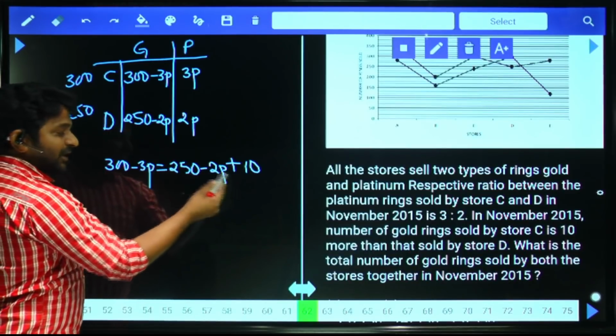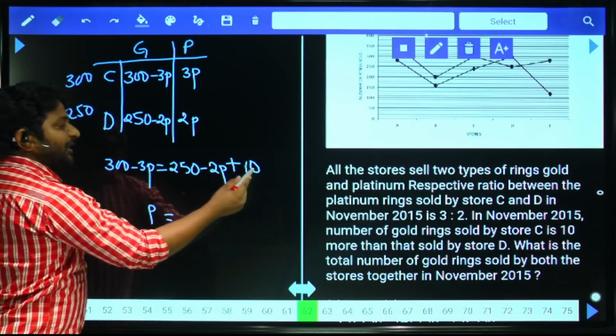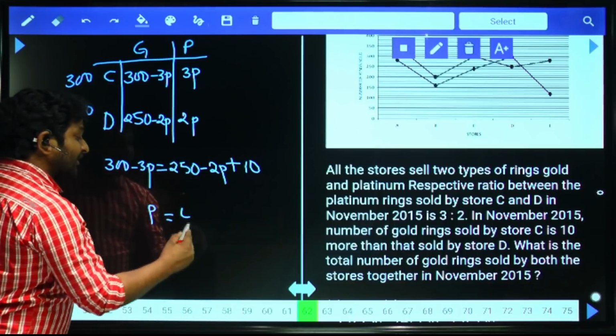Minus 3 parts goes to the other side: 3 parts minus 2 parts is 1 part. 250 plus 10 is 260, which goes to the left-hand side. 300 minus 260 is equal to 40.